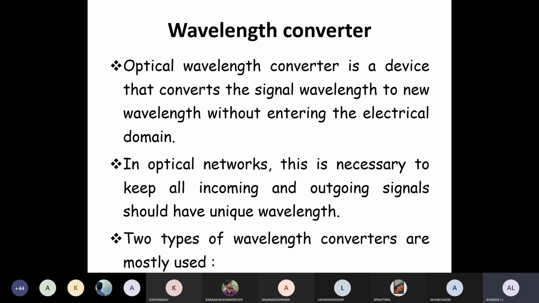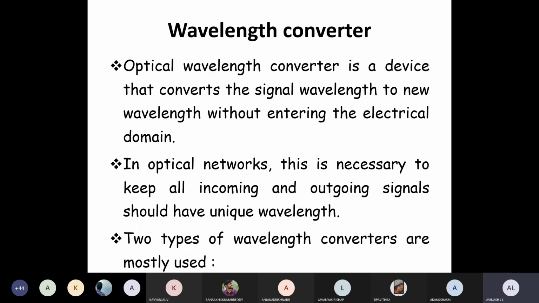What happens if the signals have the same wavelength? Then there will be a confusion, because in the multiplexing we have multiplexed many different wavelengths. If two wavelengths are the same, multiplexing will get confused, and demultiplexing will also lead to confusion.